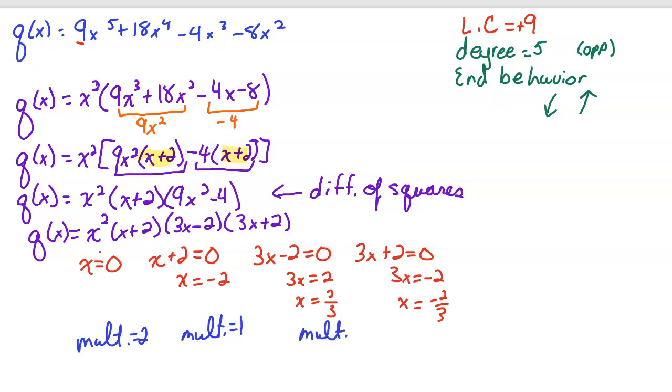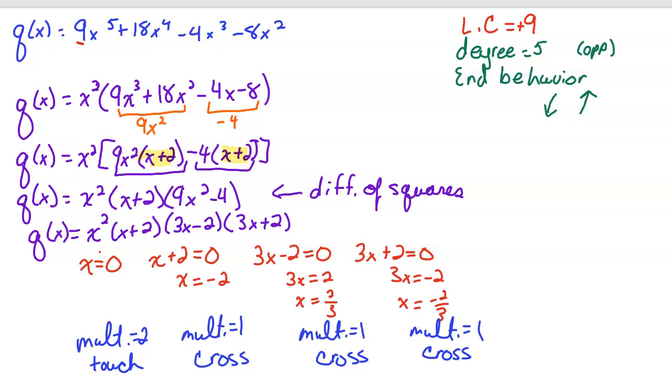I have a multiplicity of 1 and a multiplicity of 1. So that tells me that I'm going to touch at the 0. I will cross at the negative 2. I will cross at the 2/3, and I will cross at the negative 2/3.